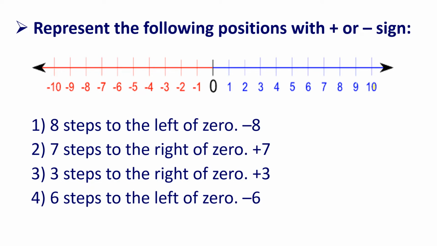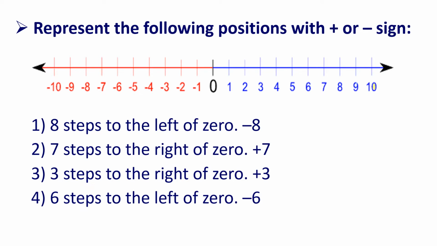Now, if you move 8 steps to the left of 0, it can be represented as minus 8. Now, if you move 7 steps to the right of 0, it can be represented as plus 7.